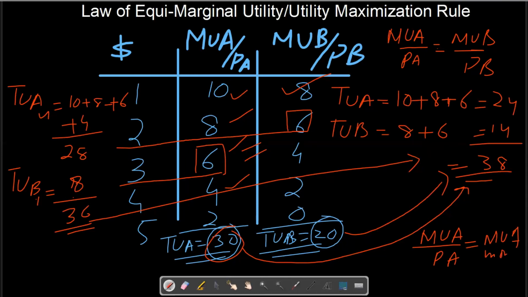If the marginal utility of money is given, then we can maximize our utility by equating the marginal utility of product A, which can be any product, let's say apples, divided by the price of apples, to the marginal utility of money. And we also assume that the marginal utility of money is kept constant and does not change.